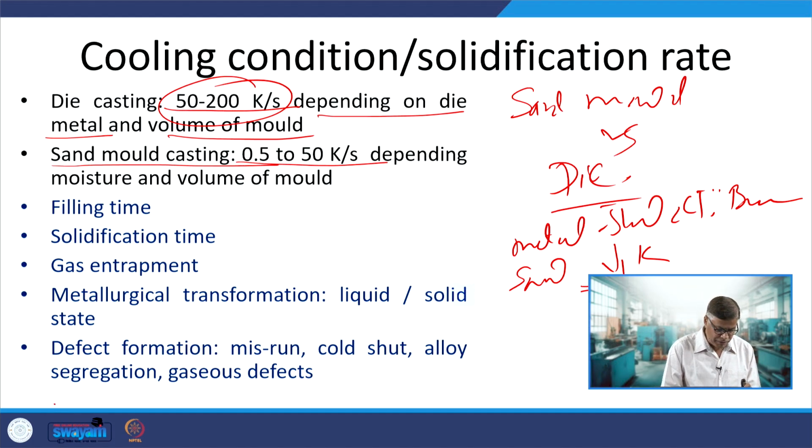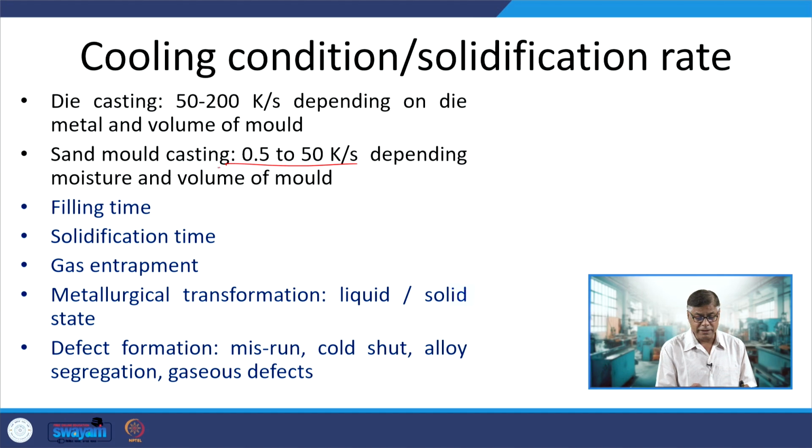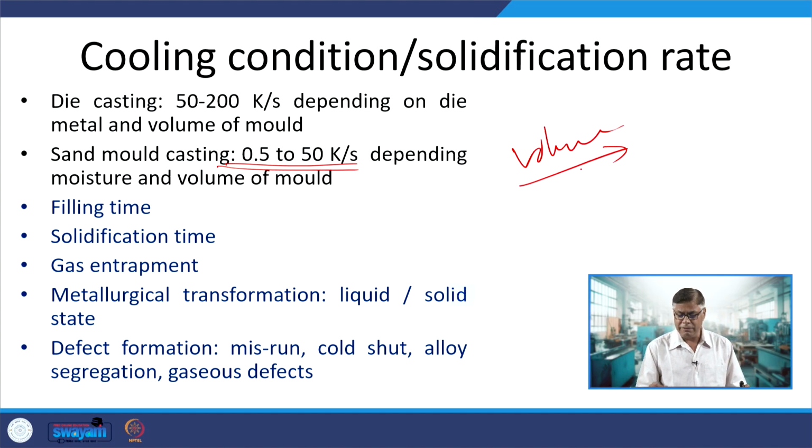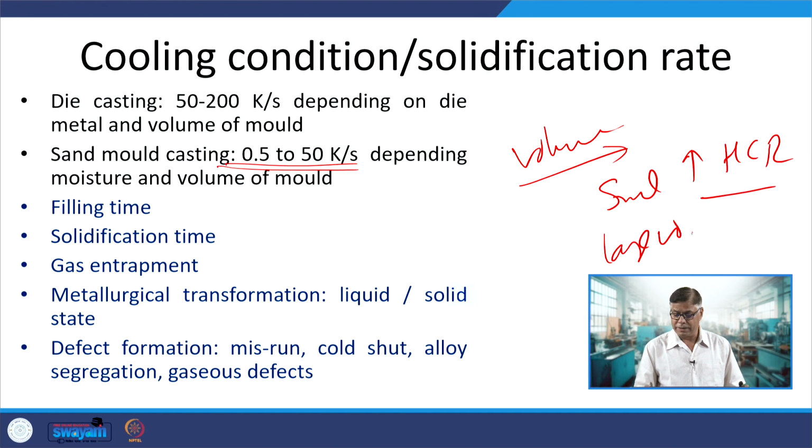Again, there is a very wide range of the cooling rate that will be observed. Why? Because the volume of the casting will certainly affect the cooling rate. Smaller volume means higher cooling rate, and large volume of the casting means the low cooling rate.